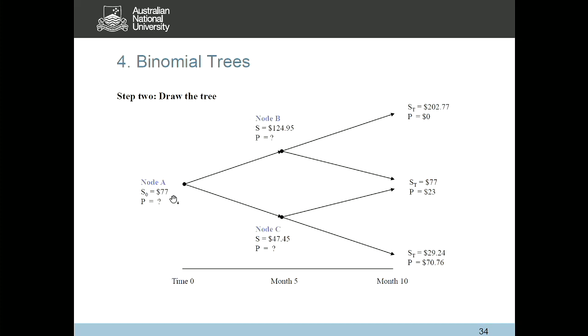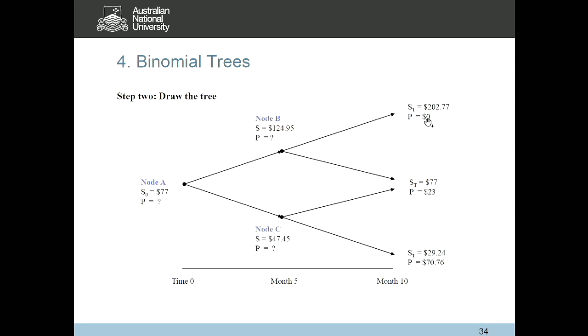Then we take the share price 77, multiply by the proportional decrease, the little d, which is 0.612, and we get a share price down here of 47.45. Once we've done that, we repeat the same process for the remaining branches, and then we get the entire binomial tree.